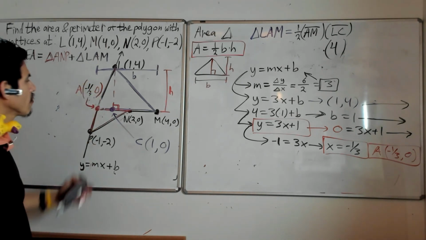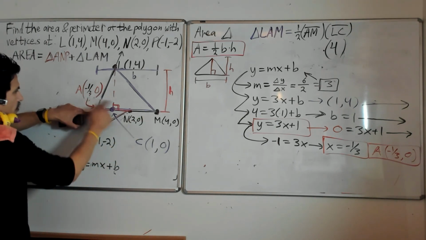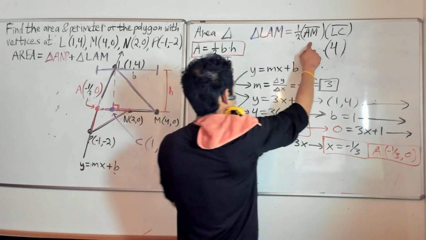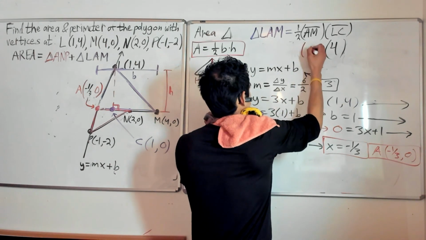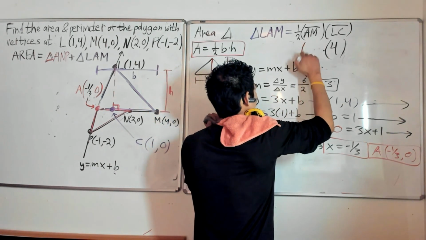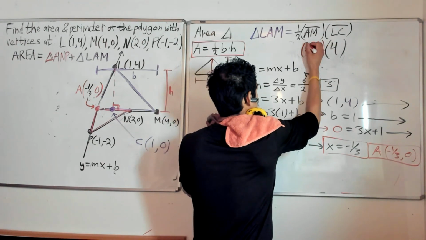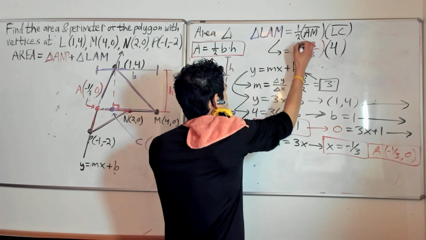All right, now we know that we can find AM, because from negative 1/3 to 4 is just going to be 4 1/3. So AM is 4 1/3, which is just 13/3. So this will be 13/3 times 4 times 1/2.